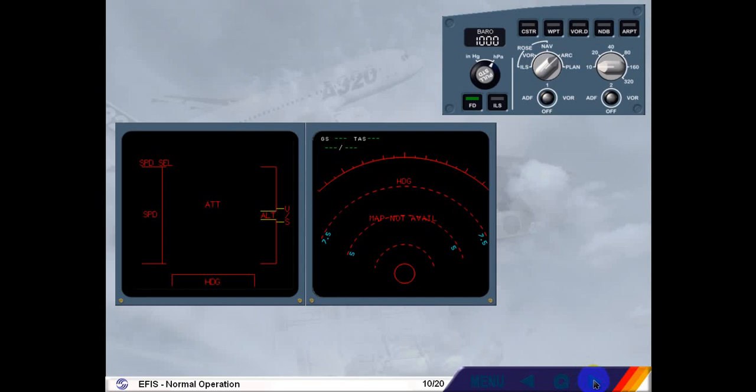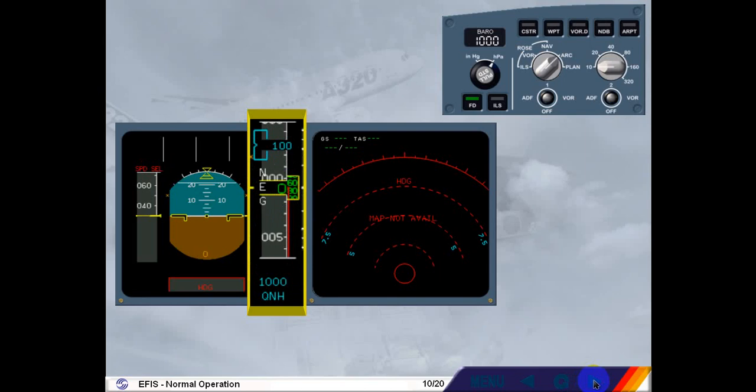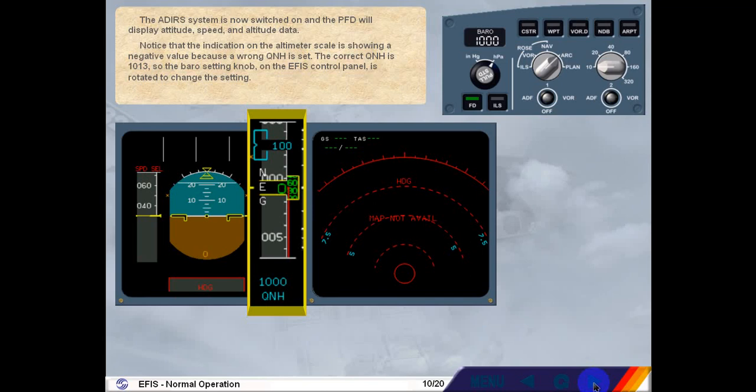The ADIRS system is now switched on, and the PFD will display attitude, speed, and altitude data. Notice that the indication on the altimeter scale is showing a negative value because a wrong QNH is set. The correct QNH is 1013, so the baro setting knob on the EFIS control panel is rotated to change the setting.